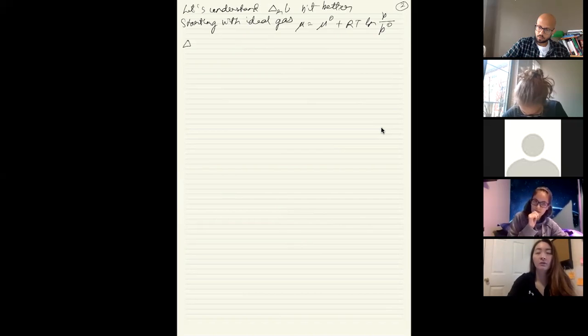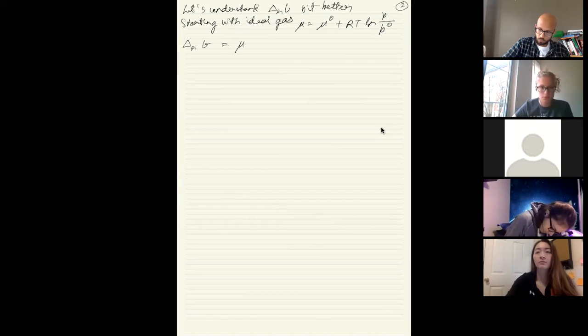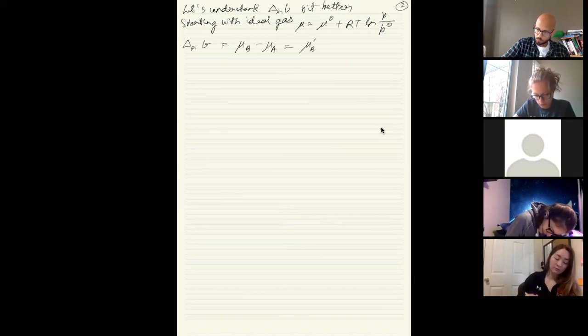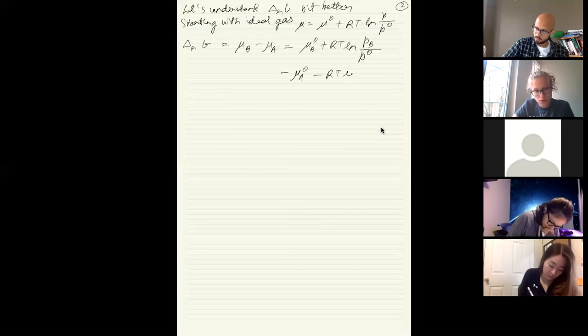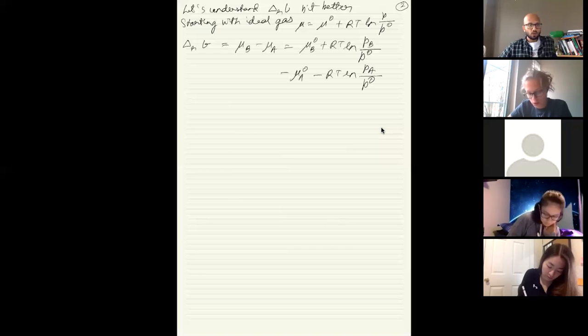So therefore, delta RG is equal to mu B minus mu A, which is mu B naught plus RT ln PB by P naught. And P naught doesn't need to have an A or a B because it is just a reference pressure, minus mu A naught minus RT ln PA by P naught.